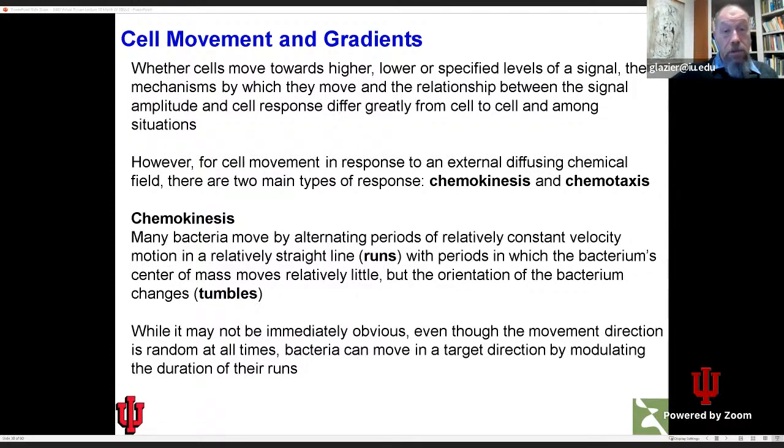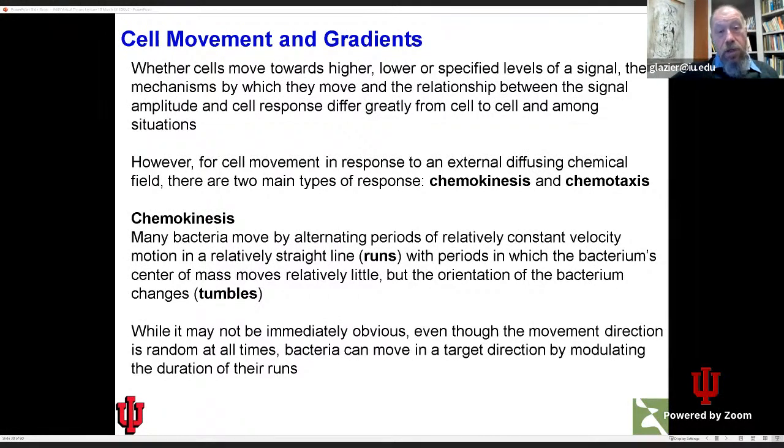Chemokinesis is what bacteria do, and the theory behind chemokinesis, which goes back to Purcell in the 1950s, is that bacteria are very small. And because they're small, they can't measure a spatial gradient across their volume.